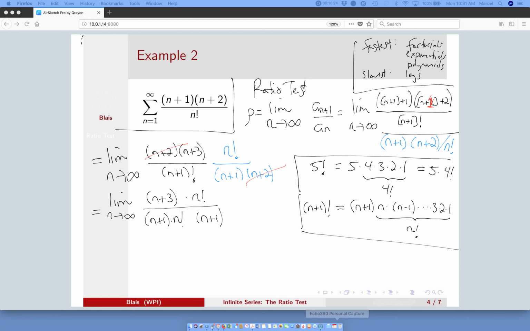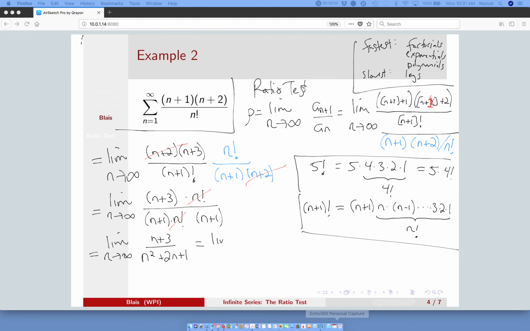And you see here what happens. The n factorial terms now vanish. And what remains is the limit as n goes to infinity of n plus 3 over n plus 1 times n plus 1, or n squared plus 2n plus 1.